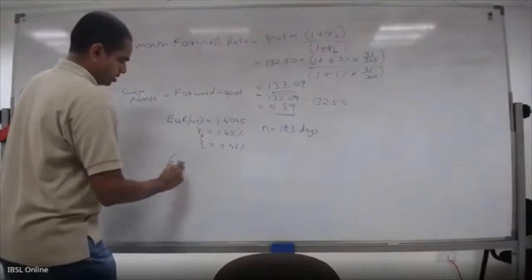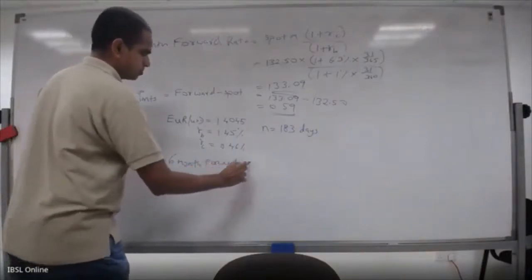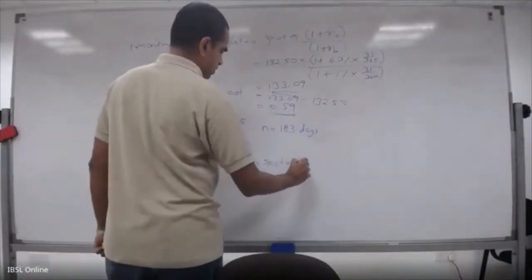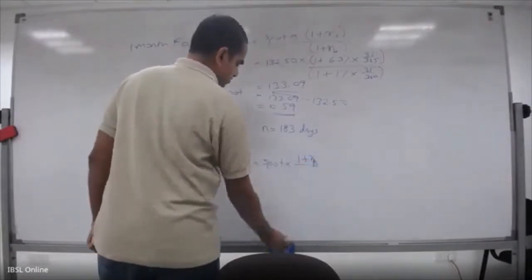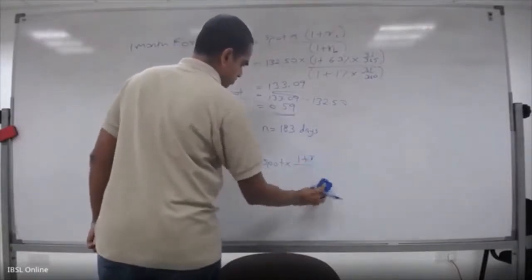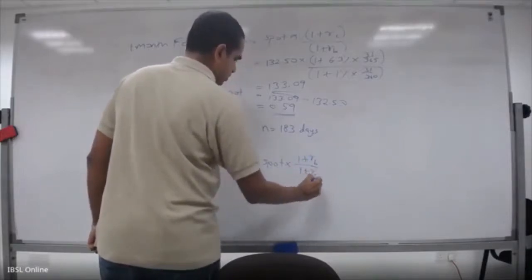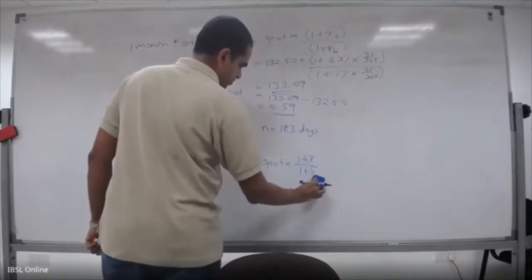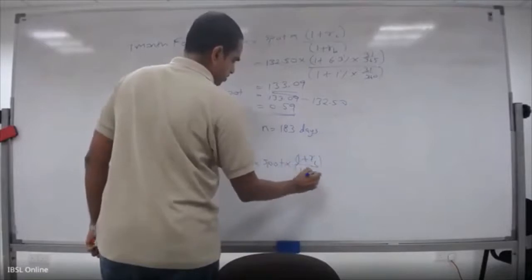So 6 months forward rate will be the spot rate into 1 plus the interest rate of the counter currency divided by 1 plus interest rate of base currency.